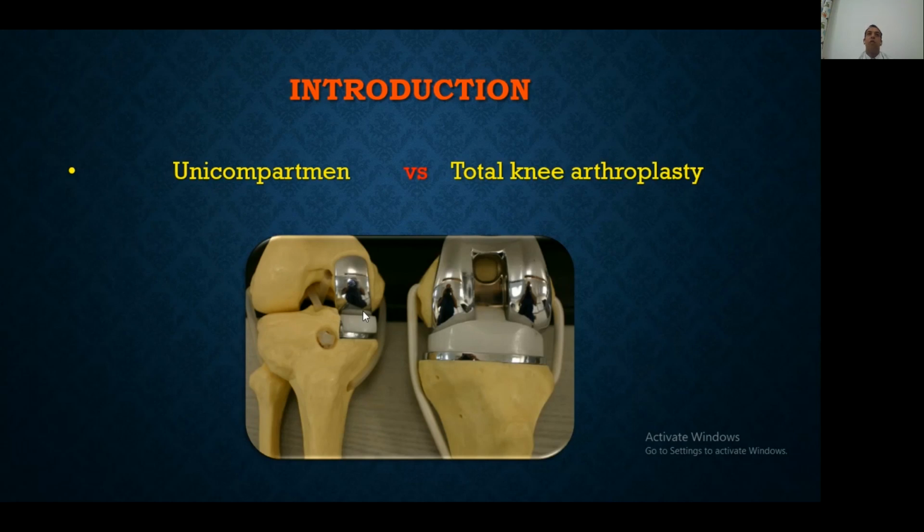You have to know that the knee has three compartments: medial compartment, lateral compartment, and patellofemoral compartment. So total knee is changing almost all three compartments, but there is also what's called the unicompartmental, to change only the medial side of the knee.